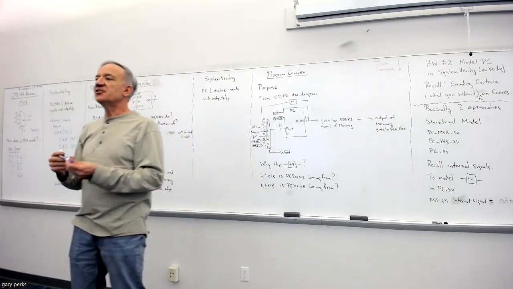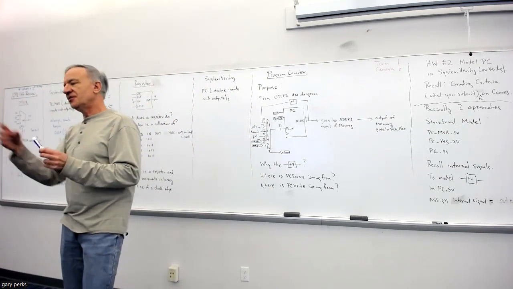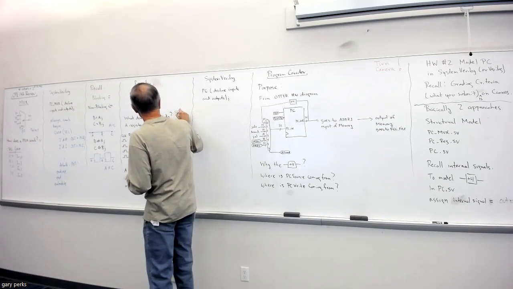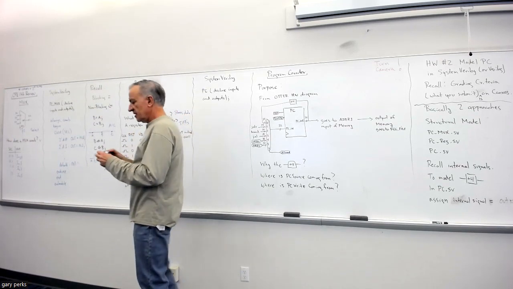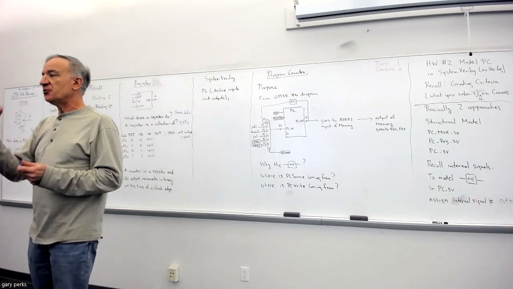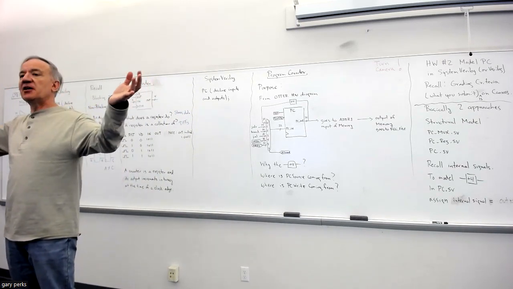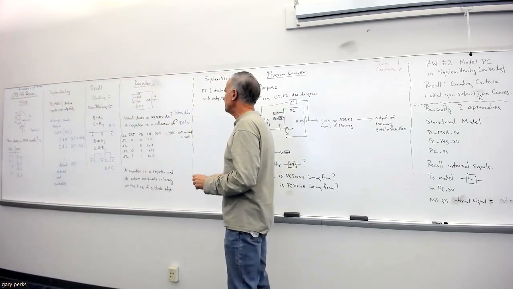Because a register is a collection of what? Flip-flops, exactly. So it stores data. Right, it's made out of D flip-flops. Right, a single flip-flop can store a single bit. So a register is you just put a collection of D flip-flops together, and now you can store multiple bits, and that's a register.